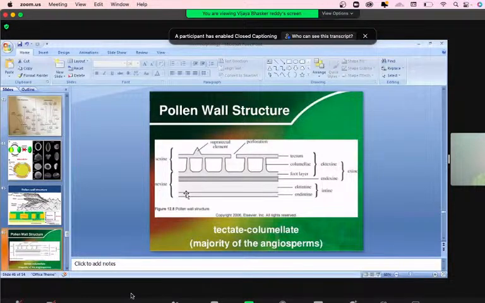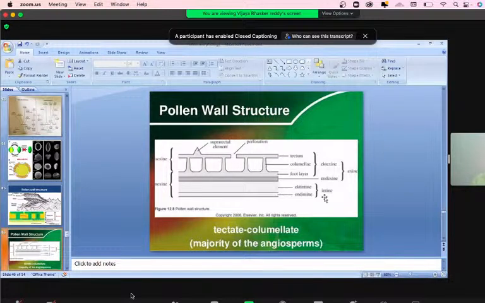Nexine is the non-sculptured exine, and sculptured exine is called sexine. Here S represents sculpture. Sculpture means various patterns, ornamentations. The ornamented part is called sexine, and the non-ornamented part is called nexine. The nexine has the ectexine and endexine.